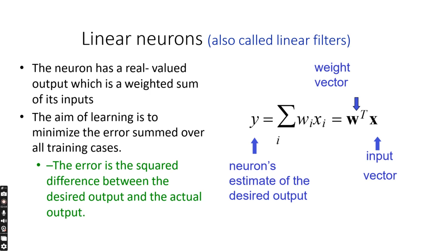The linear neuron has a real valued output, which is the weighted sum of all the inputs. The ultimate aim of learning is to minimize the error. You know the output of the linear neuron, y equals the summation of i equal to 1 to n, xi wi.